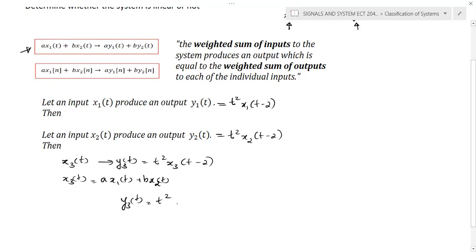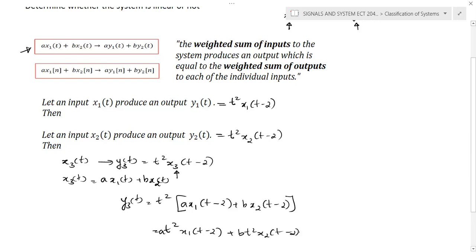Y3 of t is equal to t square into, in place of x3 of t, you can substitute this equation. So the output becomes a x1 of t minus 2 plus b into x2 of t minus 2. And if you rearrange this particular equation, it becomes a into t square x1 of t minus 2 plus b into t square x2 of t minus 2.